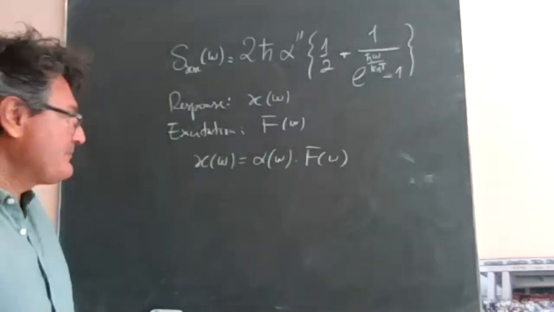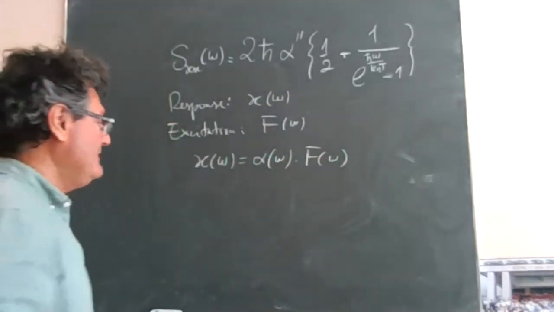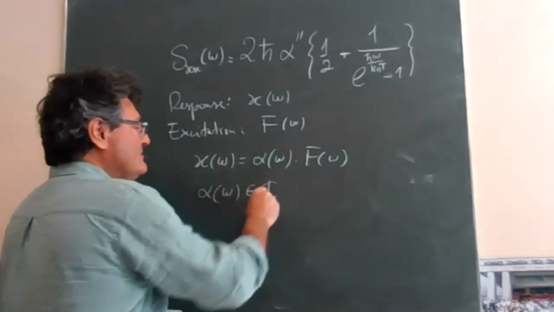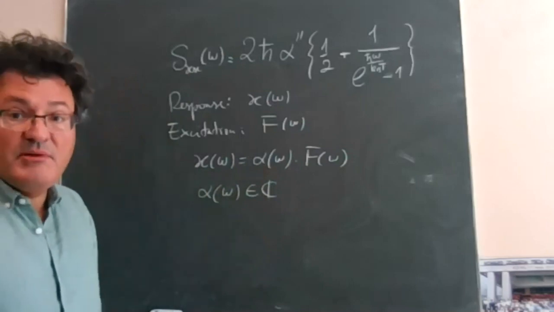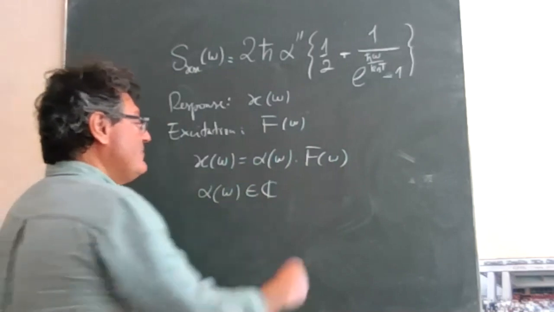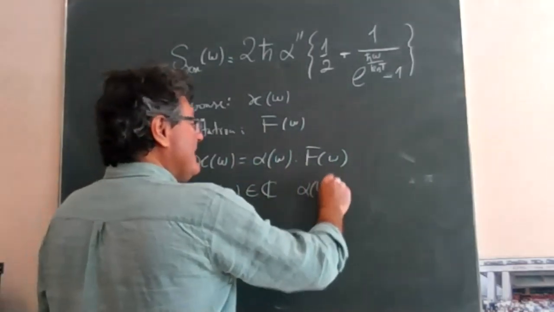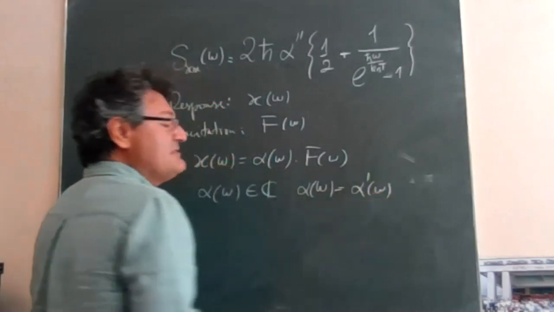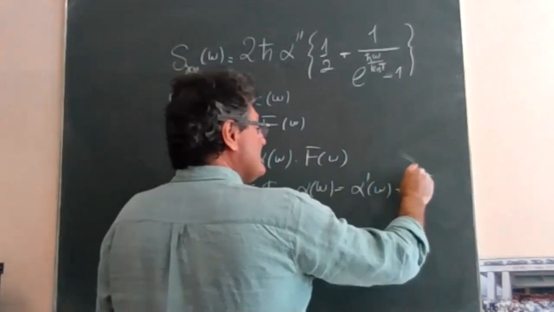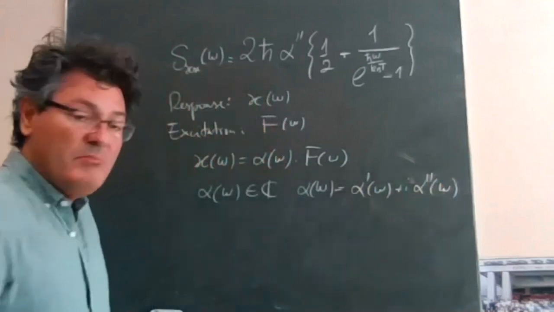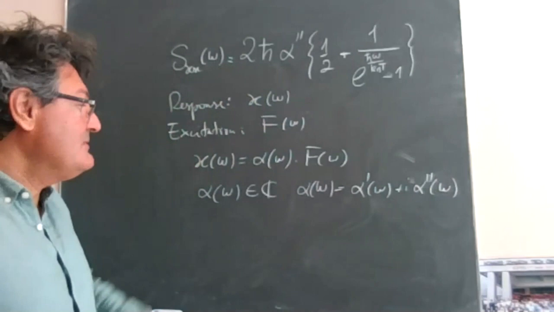In the frequency domain, alpha is a complex number. Therefore, we can write alpha as alpha prime, which is the real part, plus i alpha second, which is the imaginary part.